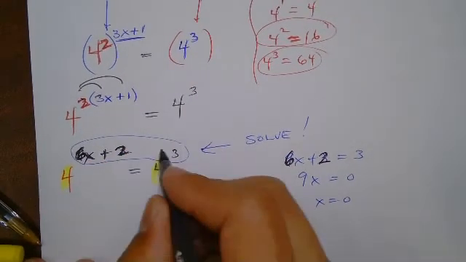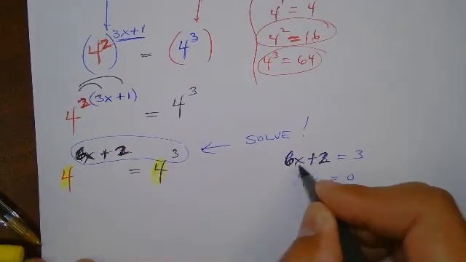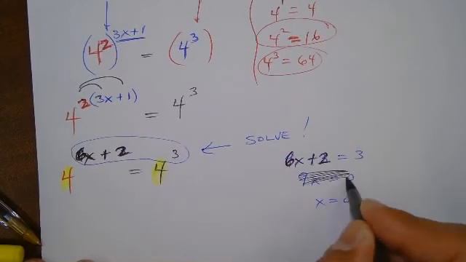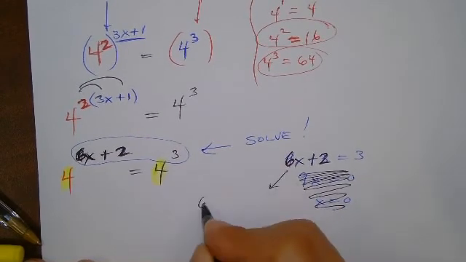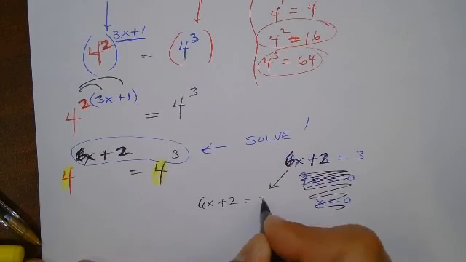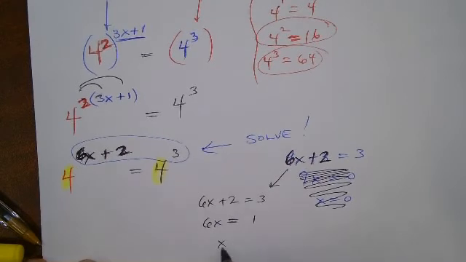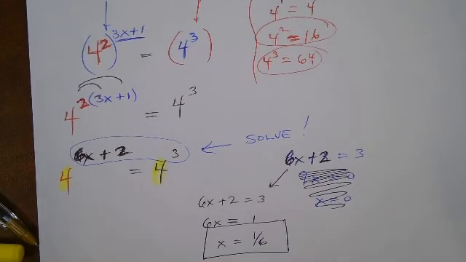I made a big mess, huh? 6x plus 2 equals 3. Let me just do it over here. 6x plus 2 equals 3. That would be 6x equals 1. Okay, I'm going to get 1/6. Yeah, that's it.